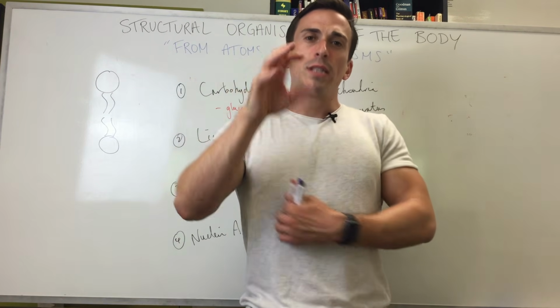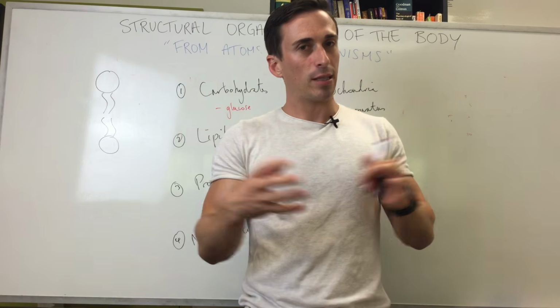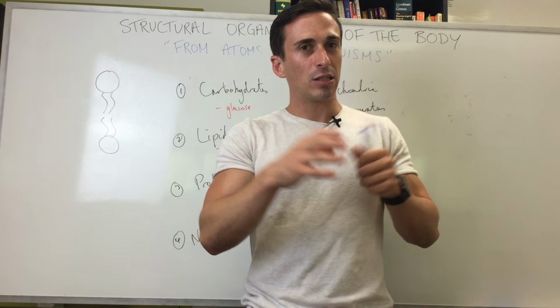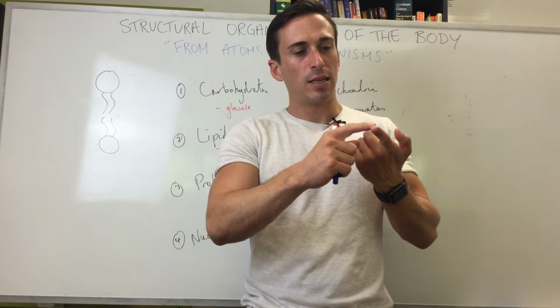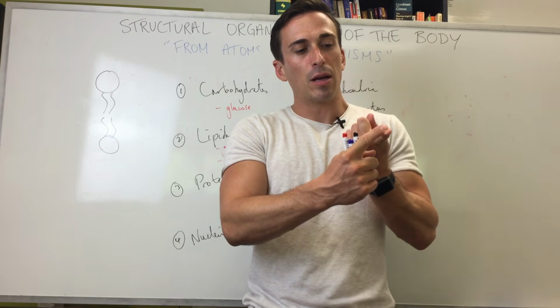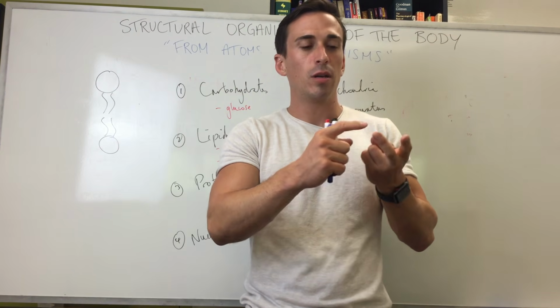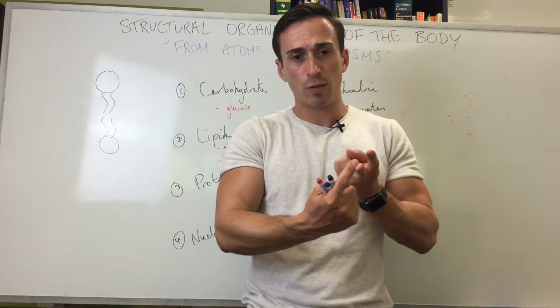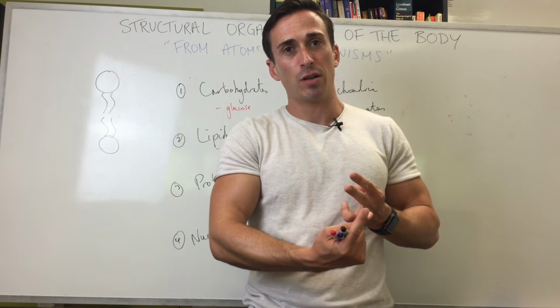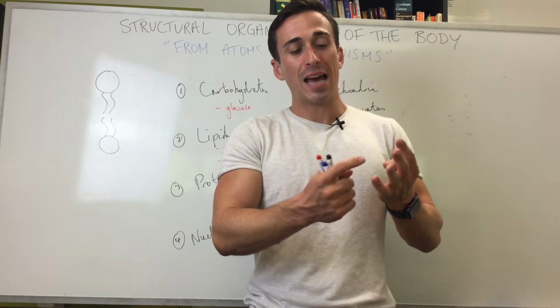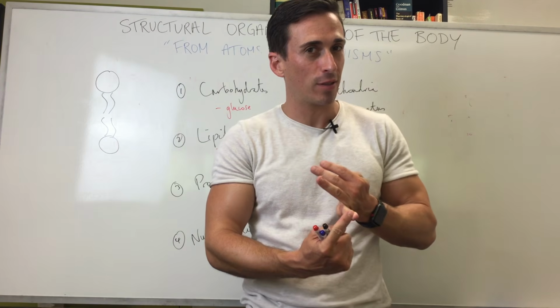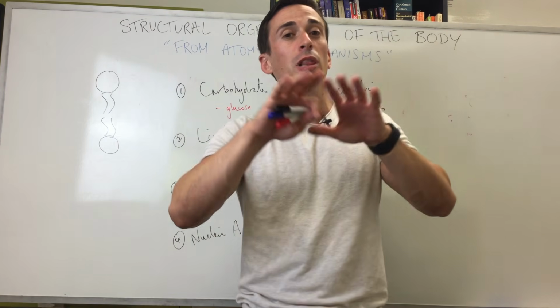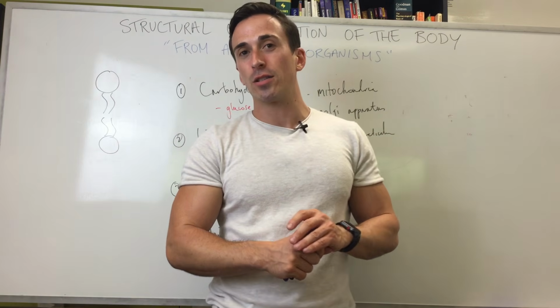Now, when you get tissues coming together, you get muscle, nervous, and connective tissue associated with one another. And the last one is epithelial, which I forgot to tell you. Epithelial tissue lines the inside and outside of structures.